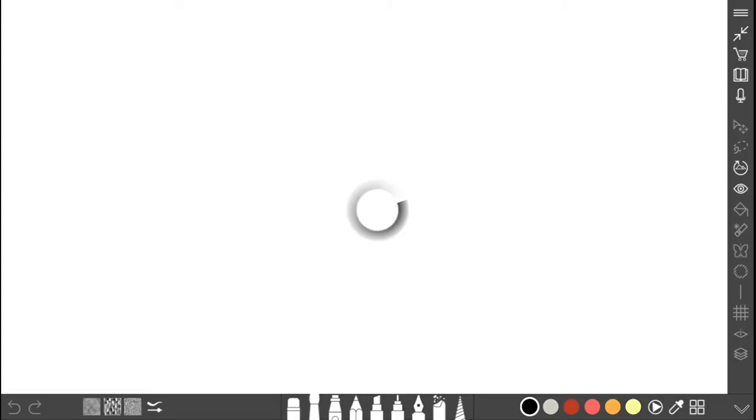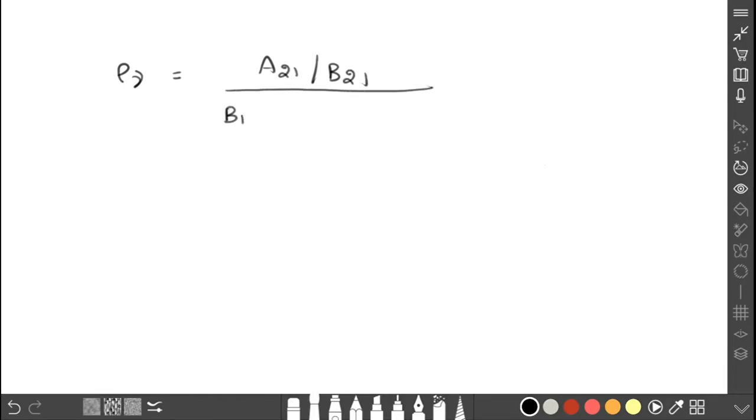So rho nu is equal to A21 divided by B21, whole divided by B12 divided by B21 times exponential of, instead of E2 minus E1, I am going to write h nu by kBT, minus 1.